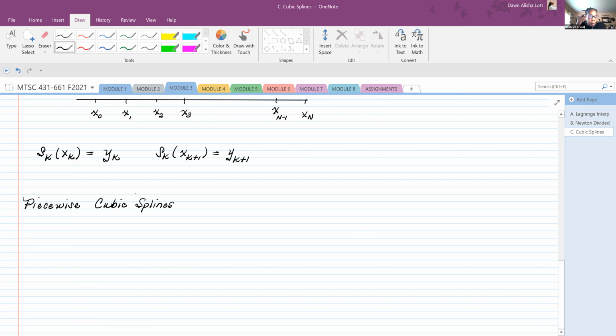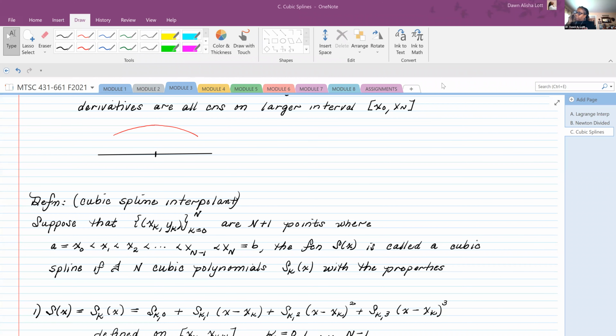Okay, so now we're going to construct cubic splines. Here's xk.